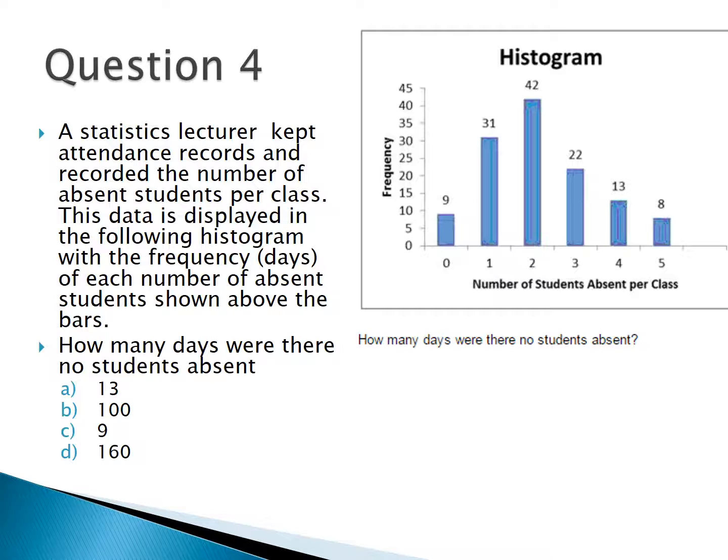Was it 13 days? 100 days? 9 days? Or 160 days? It was 9 days. We can see here, number of students absent was 0. There were 9 days where the number of students absent was 0.